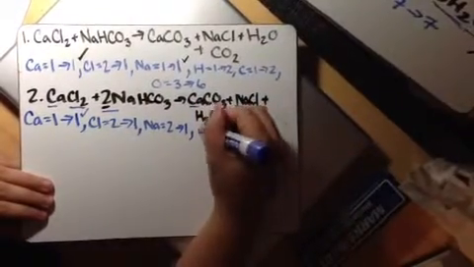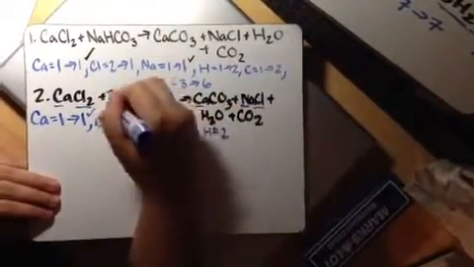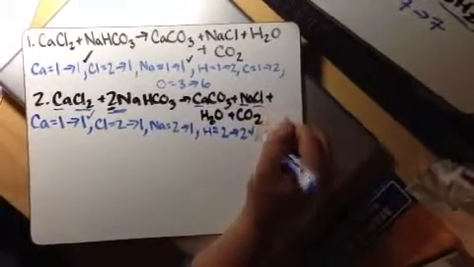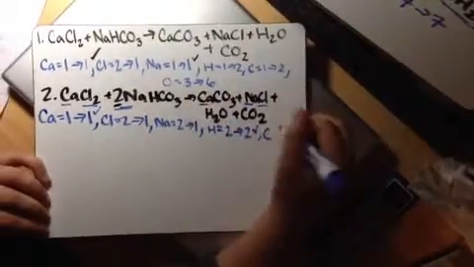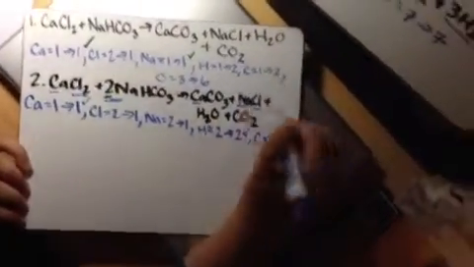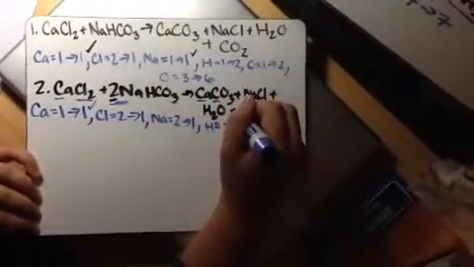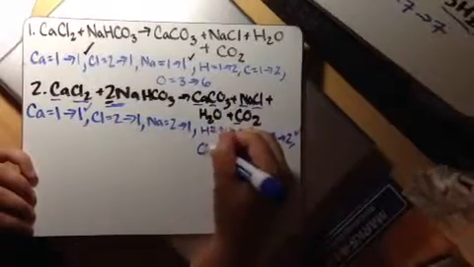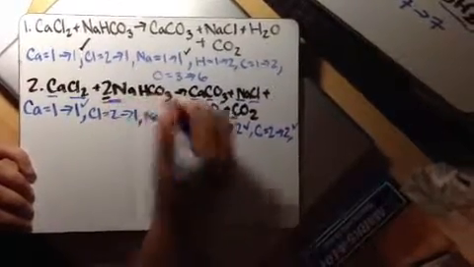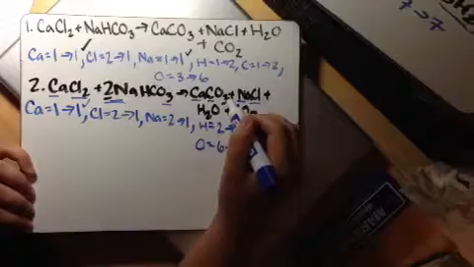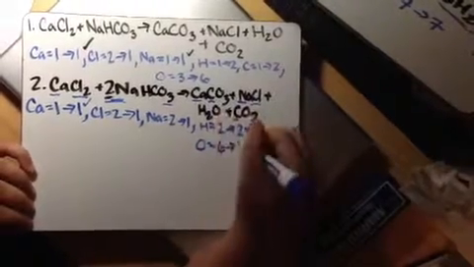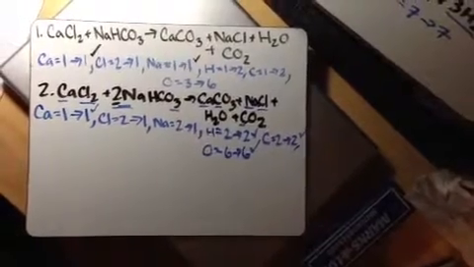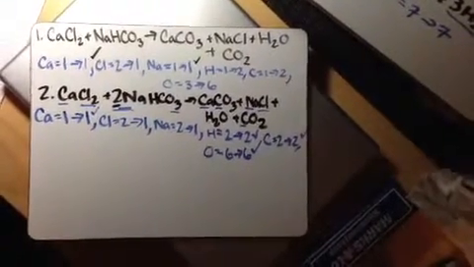H is now 2 to 2, so H is actually now good. C is now 2 to 1, 2, so that's good now. And our oxygen, let's see, is 6 to 1, 2, 3, 4, 5, 6. So oxygen is good. And we've got one more step to finish out everything else.